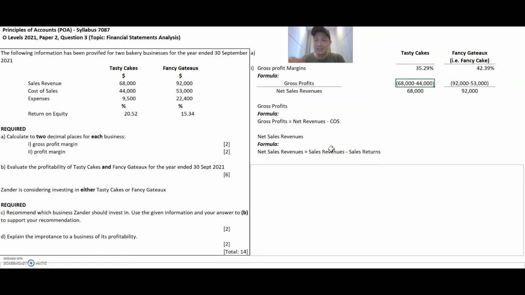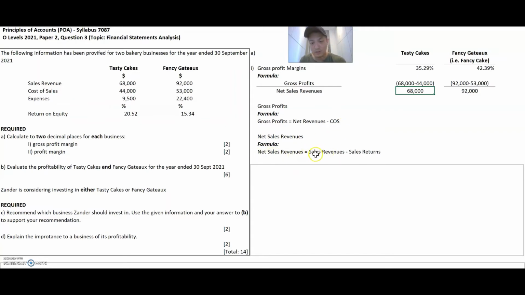So it's basically sales revenues minus cost of sales, and that's 68,000 minus 44,000 and divided by 68,000 being the net sales revenues. Now in this case, I say net sales revenues because in some cases sales revenues less sales returns equals net sales revenues, and in this case there's no sales returns, so sales revenues equals net sales revenues, right?